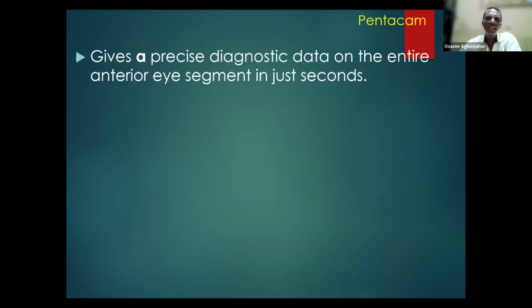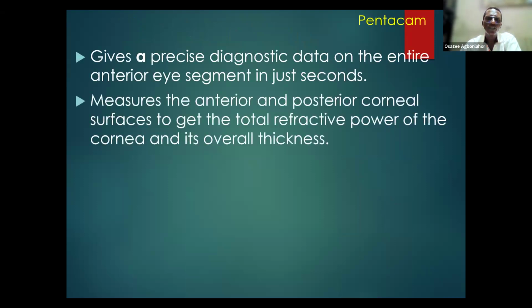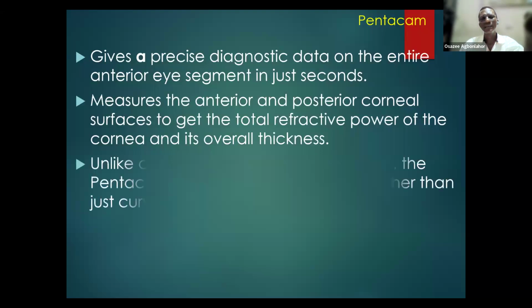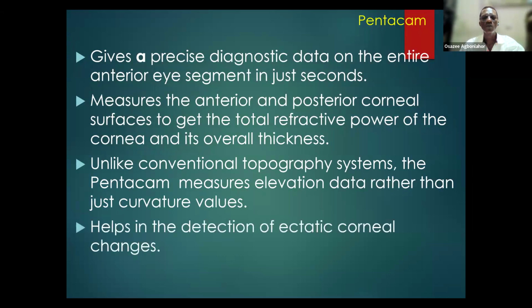It gives very diagnostic data on the entire corneal segment, and it's very fast, a few seconds. It measures both the anterior and posterior corneal surface, and of course gives you the total refractive power and the total thickness. Unlike the conventional topography system, the Pentacam measures elevation data rather than just giving you curvature values. So it gives you what we call the elevation map. I will discuss that as we move forward.